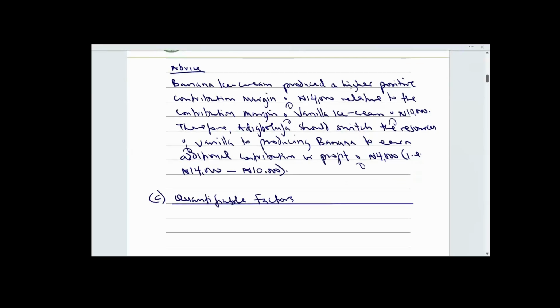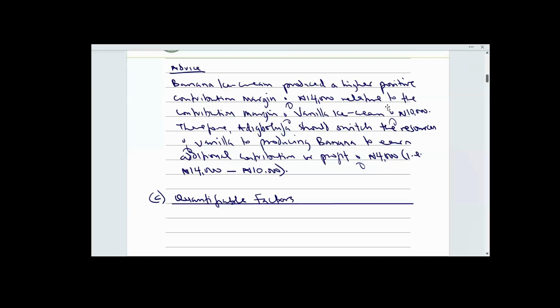Then the decision rule is that we should advise the company to delete the segment. But at what point are we going to use this qualitative angle to advise?